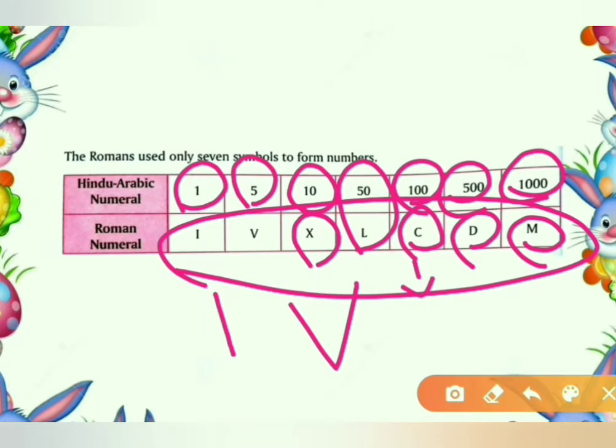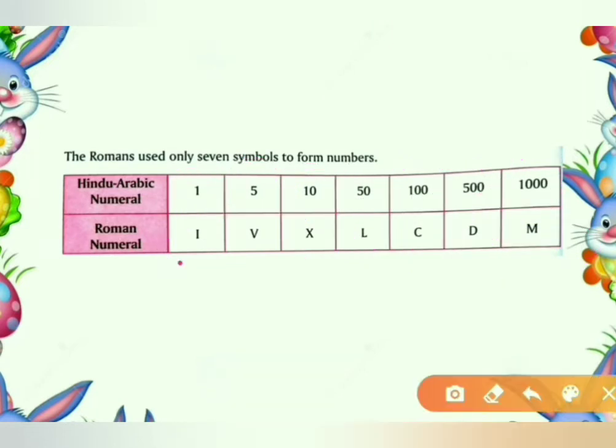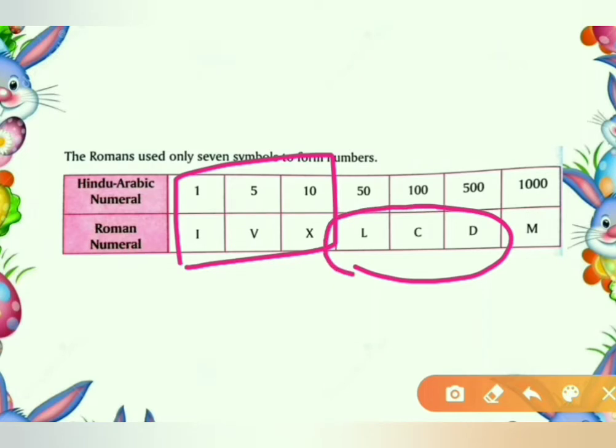Up to this you will memorize easily: I, V, X. After that LCD bulb will be there. So after IVX comes LCD, so that you will not change the order. And at last M.